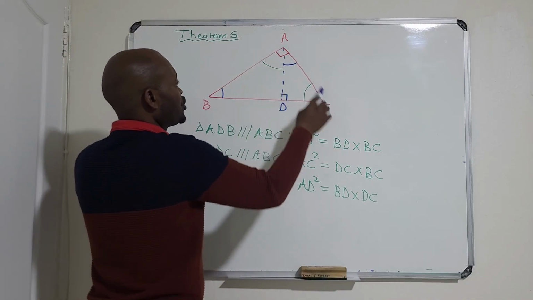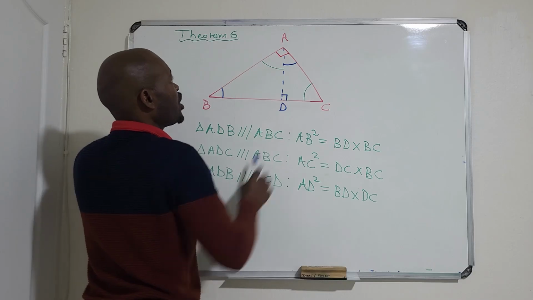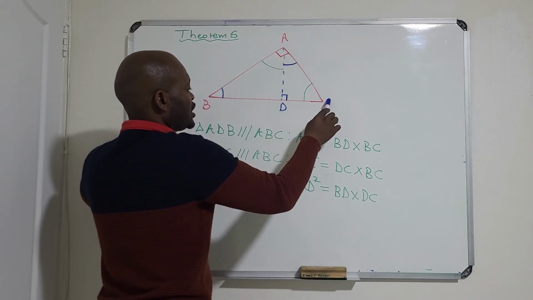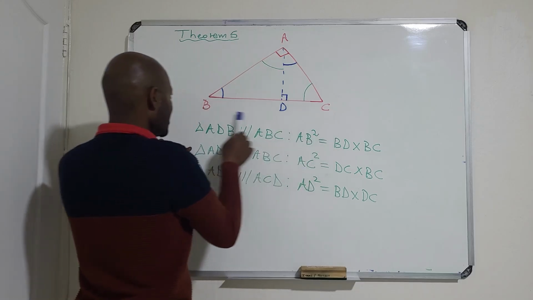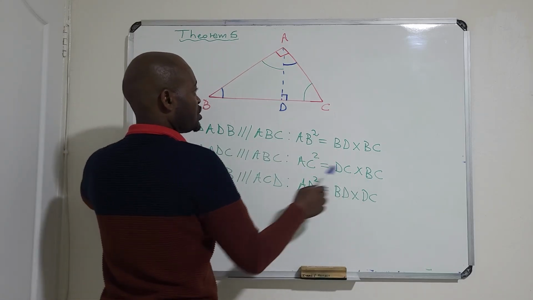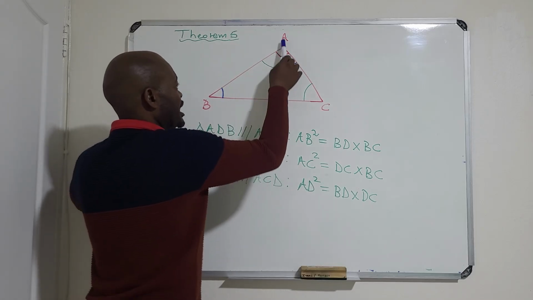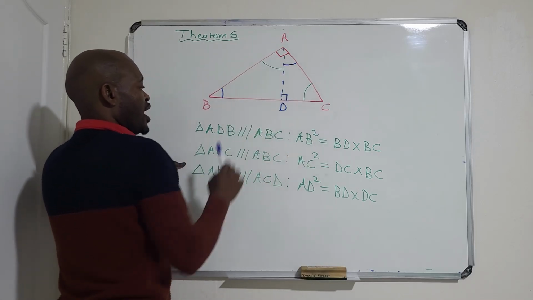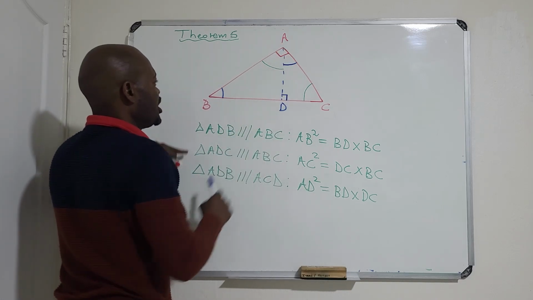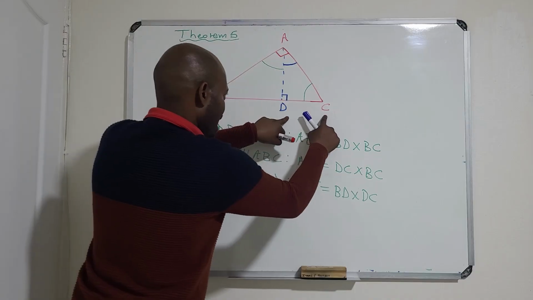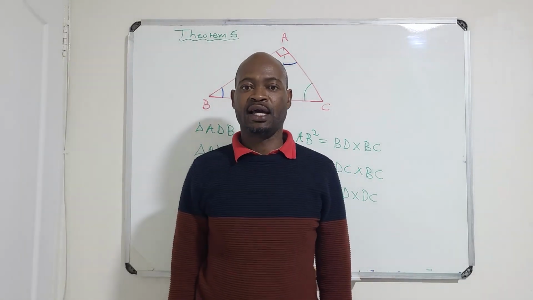If this triangle is similar to the whole of this triangle, then we're going to have AC squared equal to this times that. That is why you see that here. If this triangle is similar to this triangle there, then we're going to have AD squared equal to this times that. It's just as simple as that.